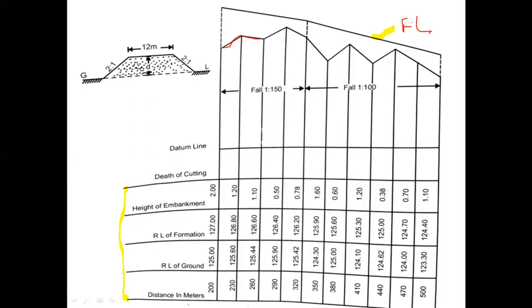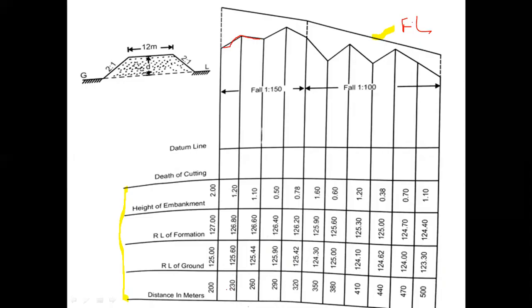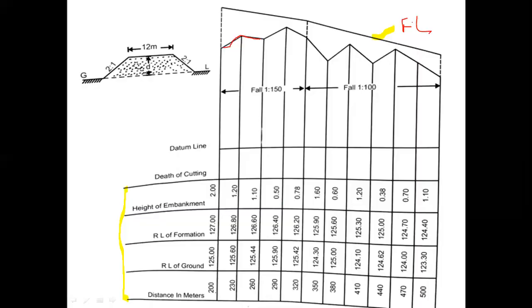So first one, distance in meters: 200, 230, 260, 290, 320, 350, 380, 410, 440, 470, 500. This is in the given data, the total distances, and each chainage interval is 30 meters.